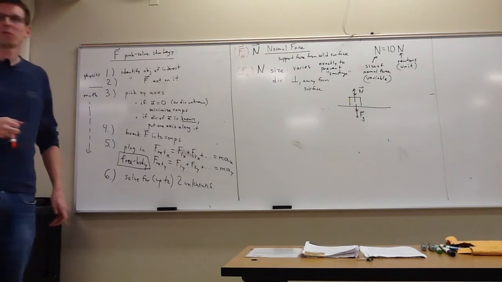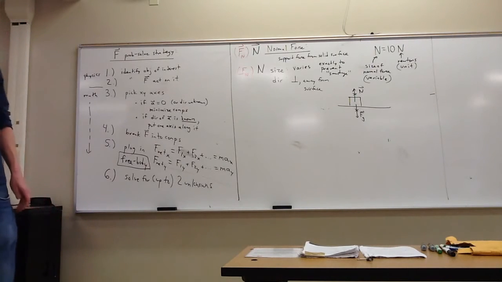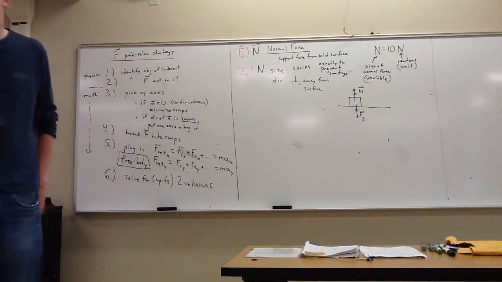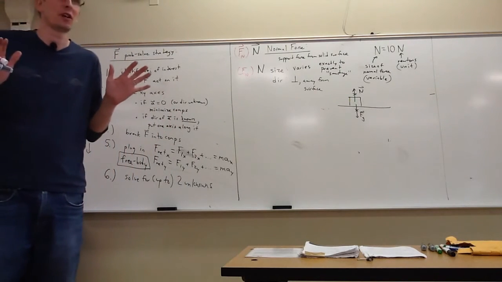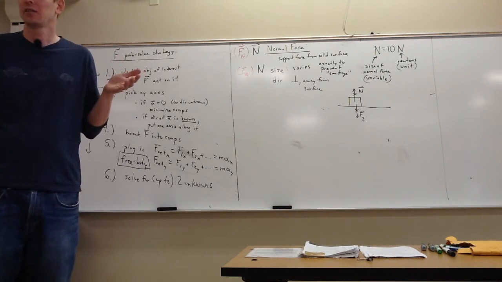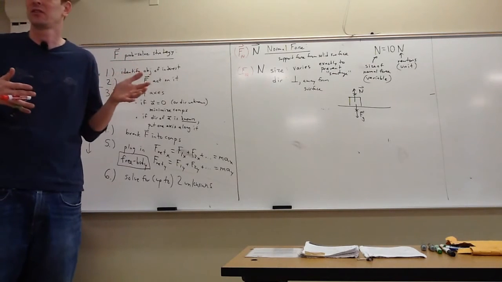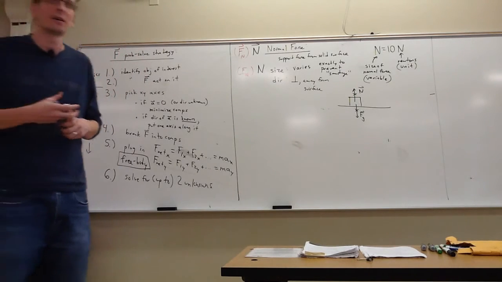If 3 newtons are trying to get in there, so there's some force pushing in there that's 3 newtons, it pushes 3 newtons back, right? If you try to push in 5 newtons, it pushes 5 newtons back. That's the only thing that it's trying to do. And for us, our surfaces are not going to break, so if you need the surface to push back 1,000 newtons, then we're okay with that, okay?